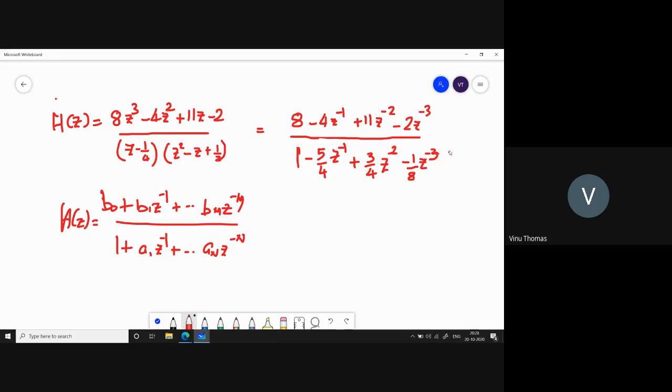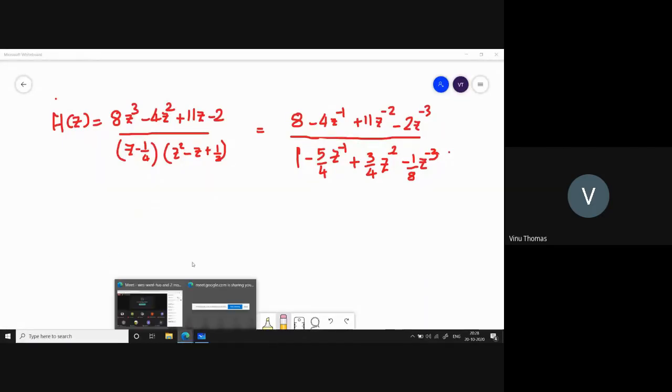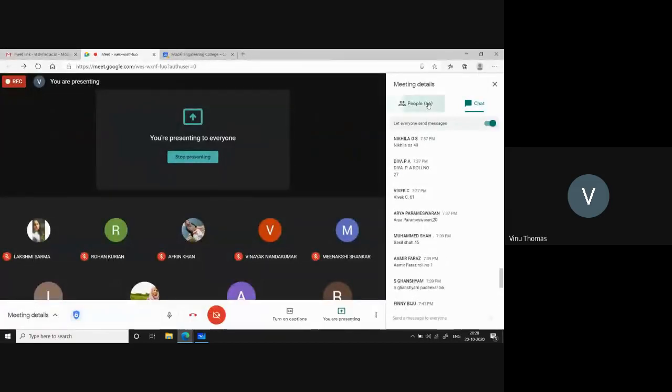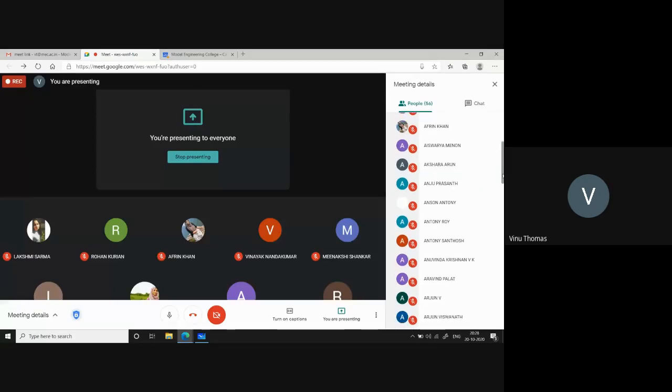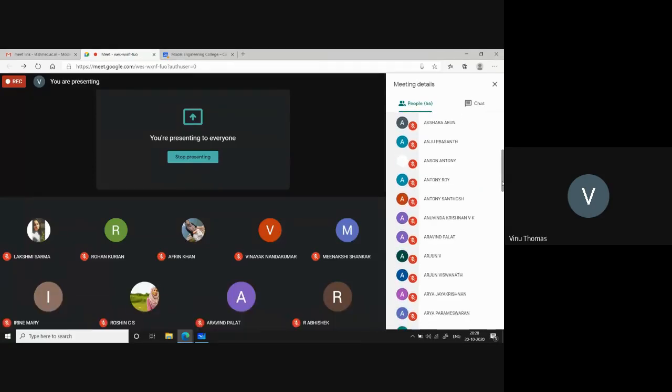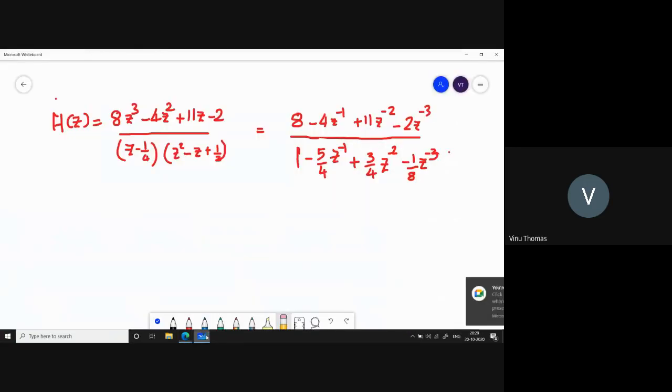Now, how many memory locations are required to implement this in direct form 1? 6 memory locations. Is that a canonical structure? No. How many memory locations are required to implement this in direct form 2? 3 memory locations.